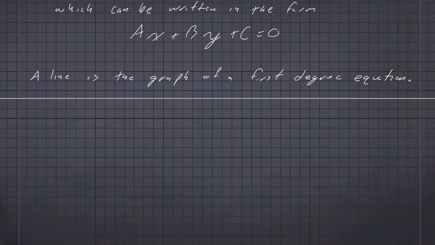But I am also sure that everyone has been taught that a line is defined as the connection between two points. And so we need to get there from here. And that's my big theorem for today.